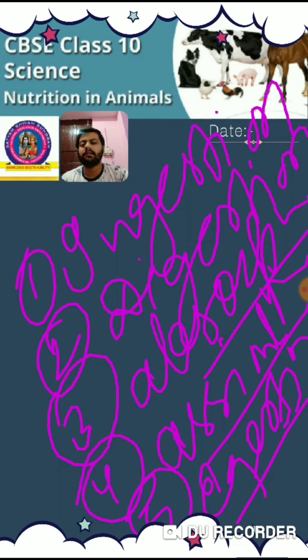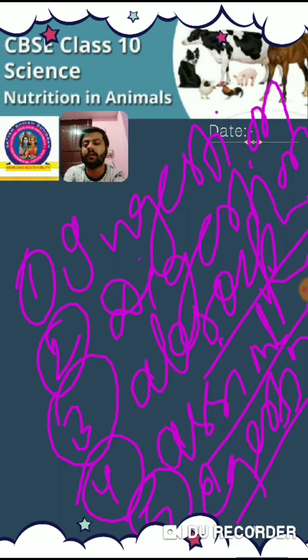First one, ingestion. Ingestion means the process of taking of food by the body of the organism, and different body parts are involved by different animals in the process of ingestion. Suppose that we humans are taking food through hand.